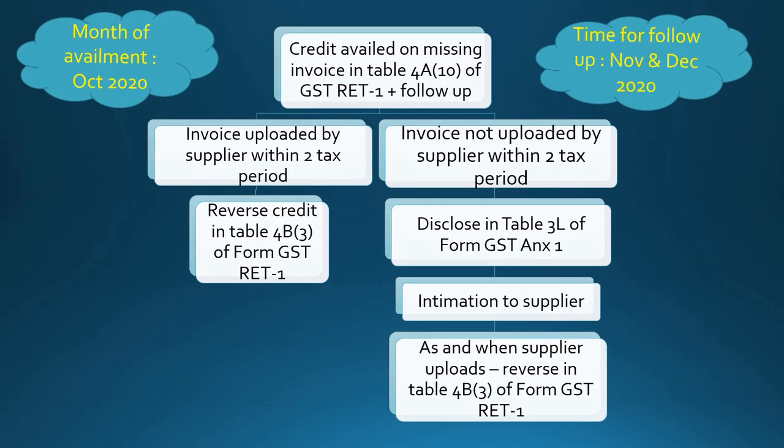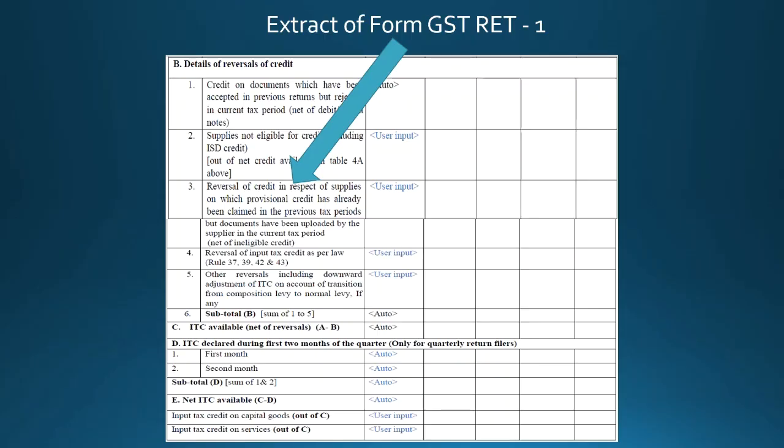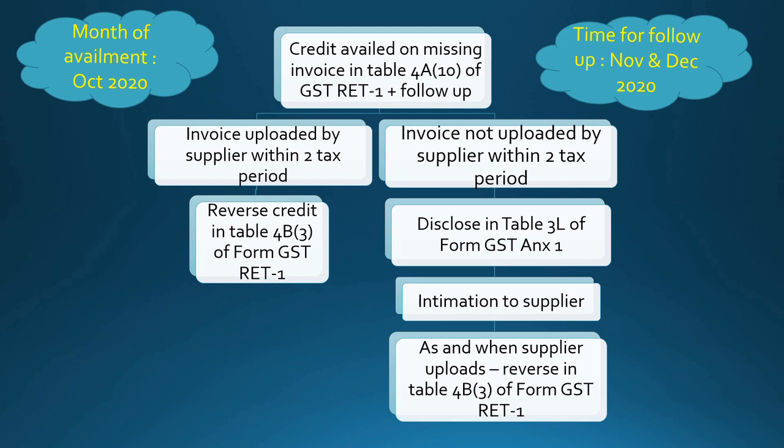First, let's see what if the supplier uploads the invoice within 2 tax periods. If the supplier uploads the invoice, then the recipient has to reverse such credit in serial number 3 of table 4B of form GST RET1. You can see the relevant extract of the form on the screen. The recipient is required to reverse the credit because the invoice uploaded by the supplier will be available to the recipient for the purpose of taking credit in his form GST Annex 2.